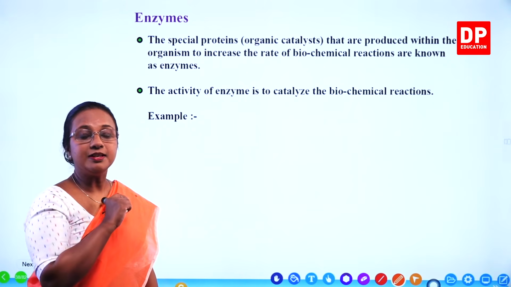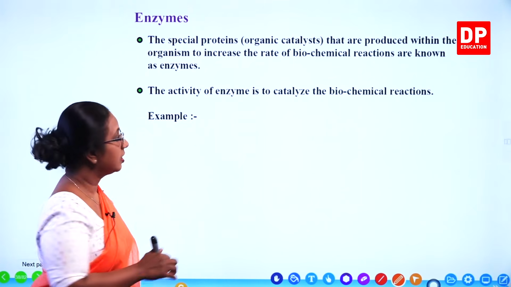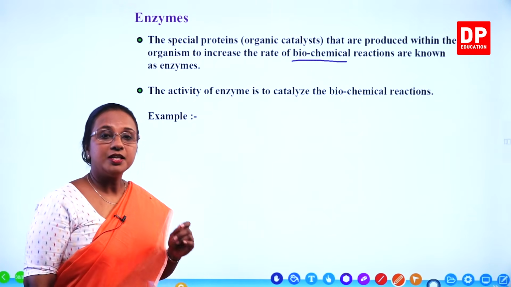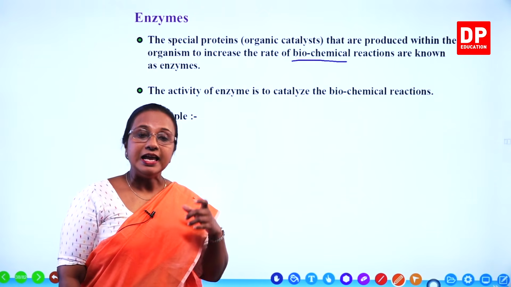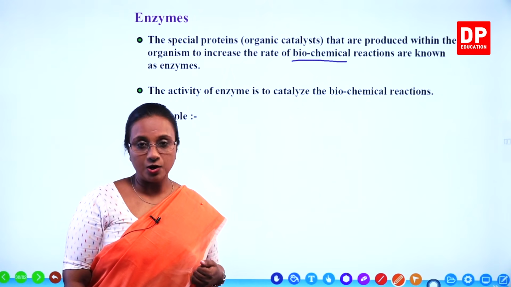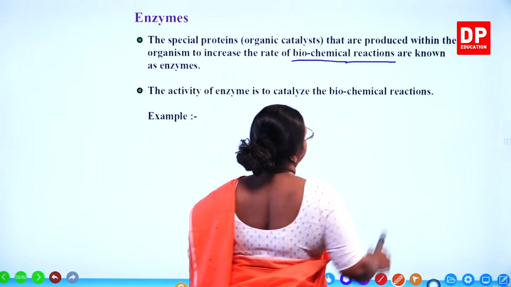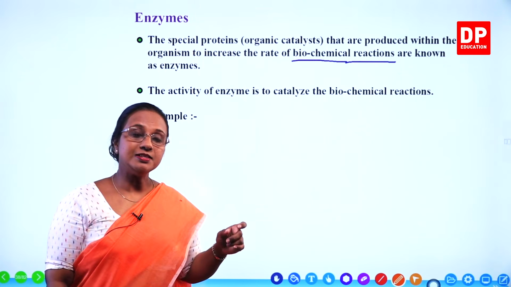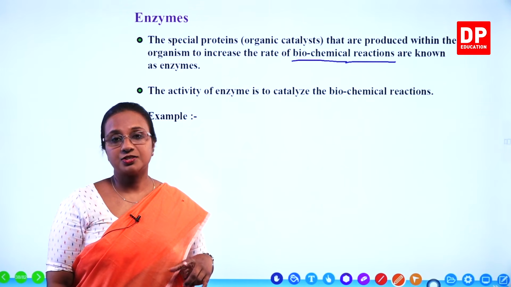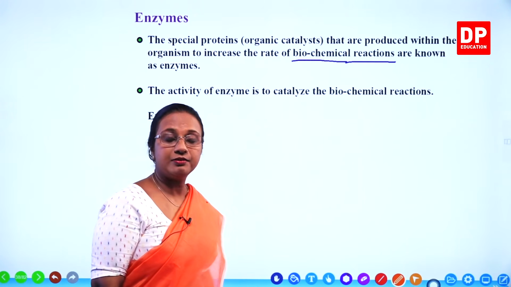So we will look at the different terms that are important to us from this explanation. First, if we look at what biochemical reactions are, I told you all once before, any chemical reaction that is taking place within the body of a living organism is called a biochemical reaction. Because the living organism is a biological system and a chemical reaction is taking place inside, so it is called biochemical reaction.